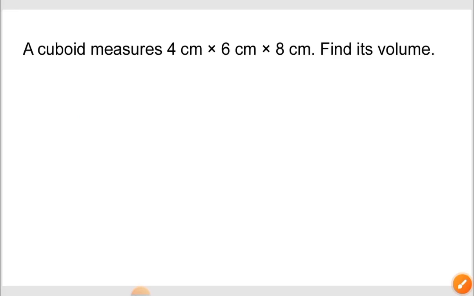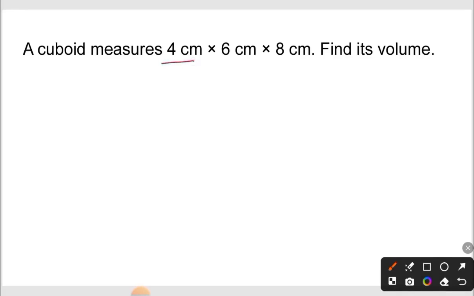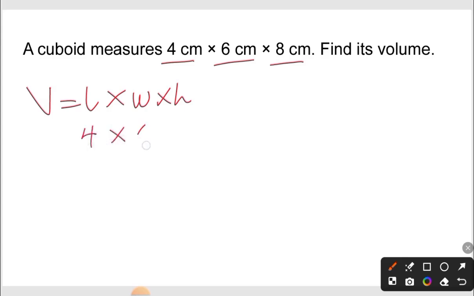So there's also a question on volume. Now, a cuboid measures 4 centimeters by 6 centimeters by 8 centimeters. Find its volume. So for volume of a cuboid, is the length times the width times the height. So our length is 4 multiplied by our width is 6 multiplied by our height is 8.